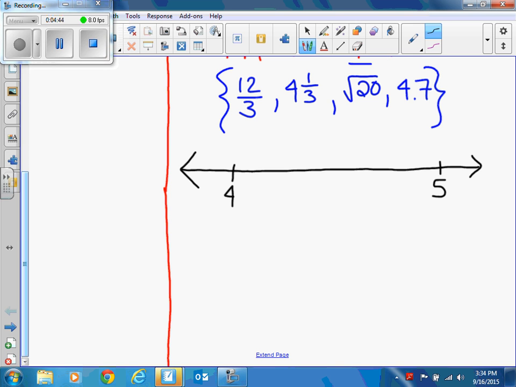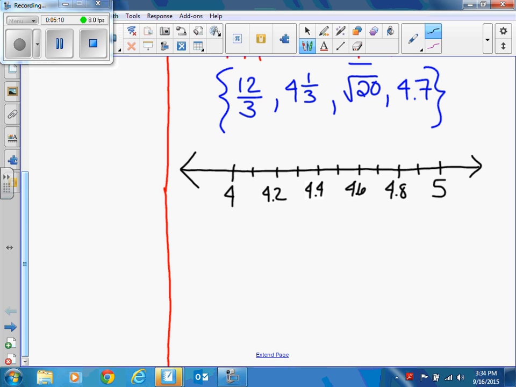And then I'm just going to go by 2s: 4.2, 4.4. I'm trying to space them out so they look even. And then we can go back, and that would be 4.1, 4.3, 4.5, 4.7, and 4.9.